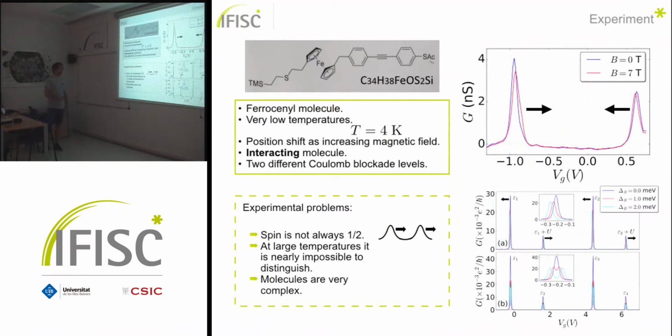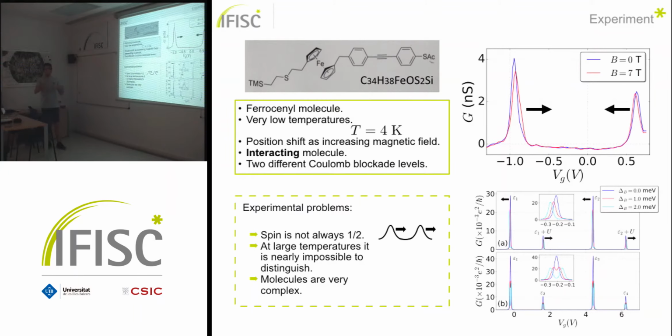Well, they did an experiment, and they measured the electrical conductance with one molecule at very low temperatures. We have found two resonances. There are some experimental problems: the spin is not always 1/2, so we can find different resonances moving in the same way.